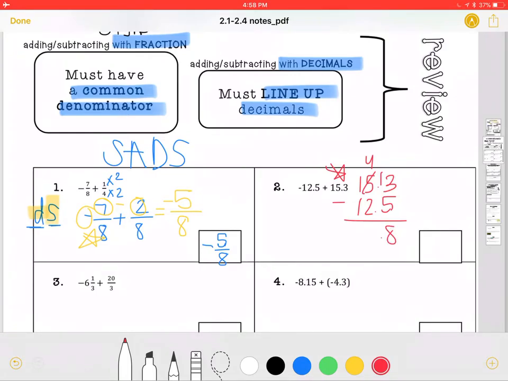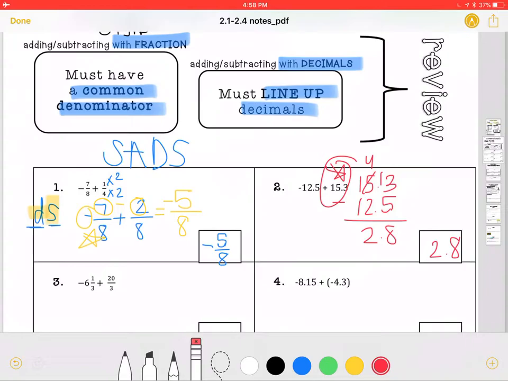Bring your decimal point straight down. 4 minus 2 gives us 2. Last thing we want to do is make sure we decide whether it's a positive or a negative answer. Our larger number was on top. We're taking the sign of the larger, so that means our answer should be positive. So it's positive 2 8/10.